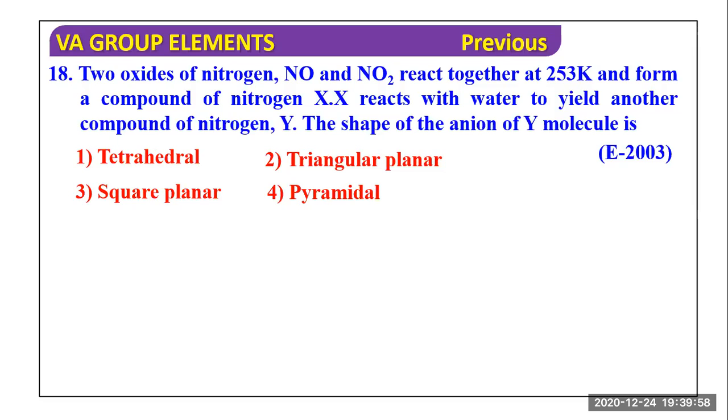So, two oxides of nitrogen, NO and NO2, react together at 253 Kelvin and form a compound of nitrogen X. X reacts with water to yield another compound of nitrogen Y. The shape of the anion of Y molecule is, which one is correct?